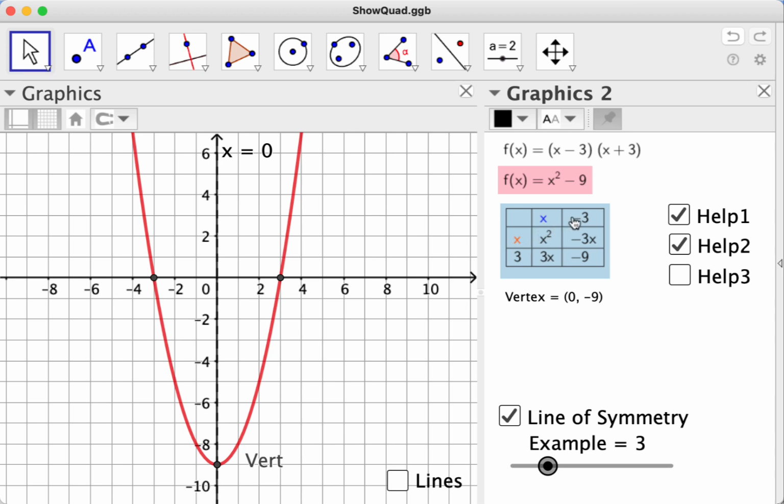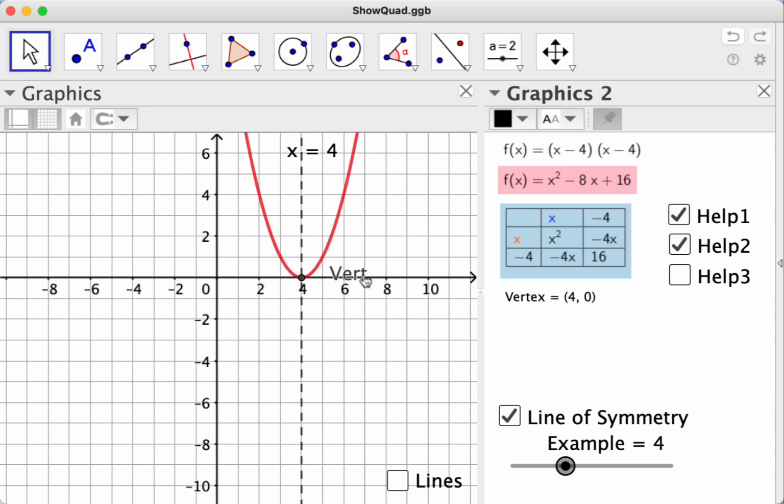We end up with a negative 3x and a positive 3x, and that means that when we combine our terms here, 3x plus negative 3x gives us 0x, so we end up just with the x squared term and the negative 9. You'll notice that in that case, the vertex is going to be somewhere along the y-axis because it's going to have an x value halfway between negative 3 and positive 3, which will put it right along the y-axis here.